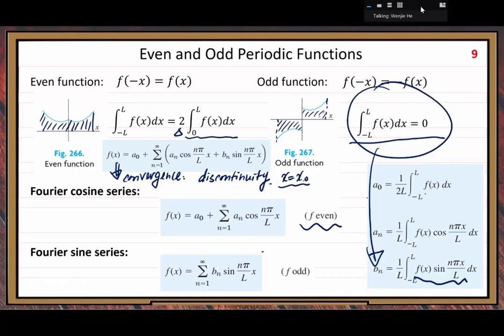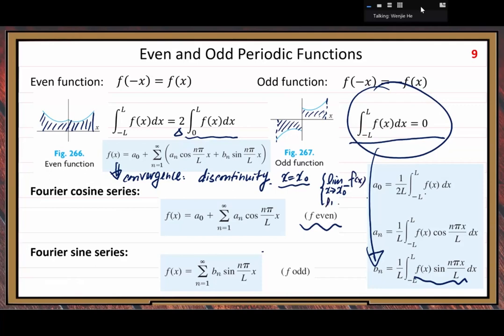Here, at this point, we consider this case. Left limit, approaches from the left side, so we use that negative. Left limit and the right limit.